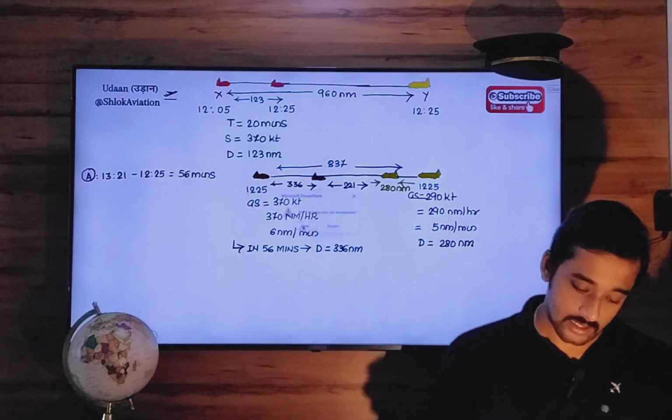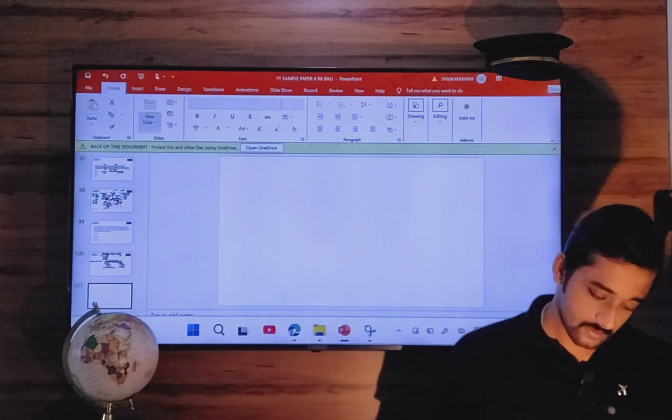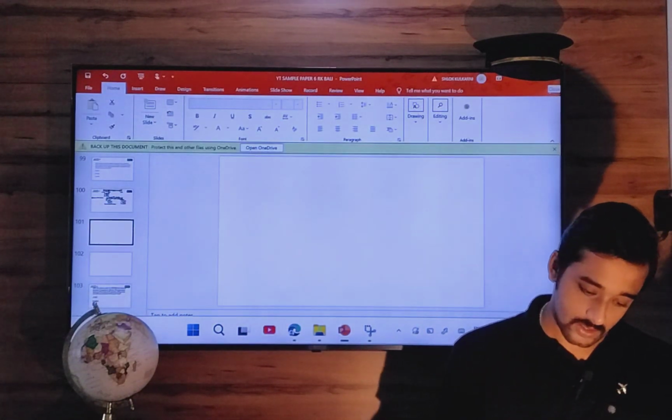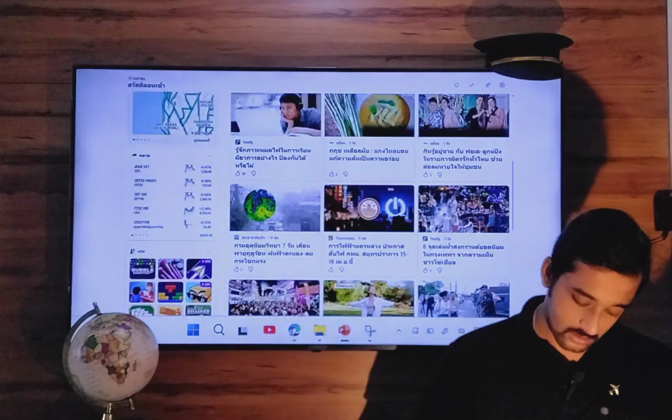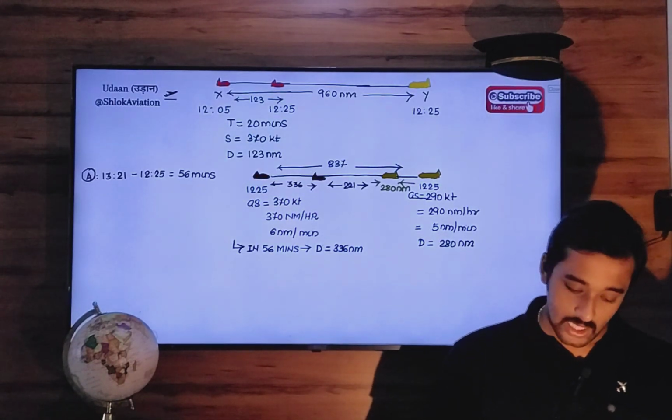I will take a new slide. So option number 2. Option number 2 is 13 hours 41 minutes. Now 13 hours 41 minutes minus 12 hours 25 minutes.